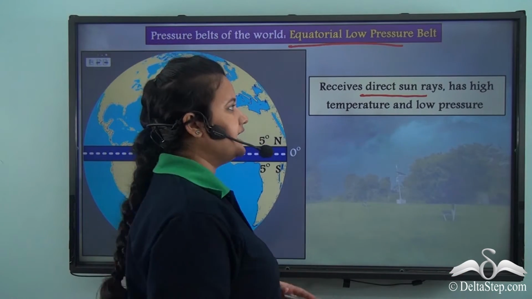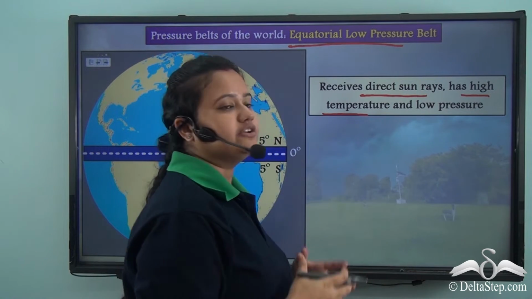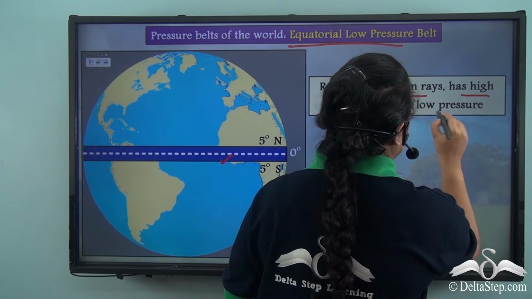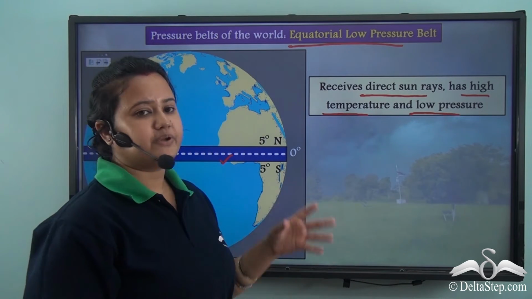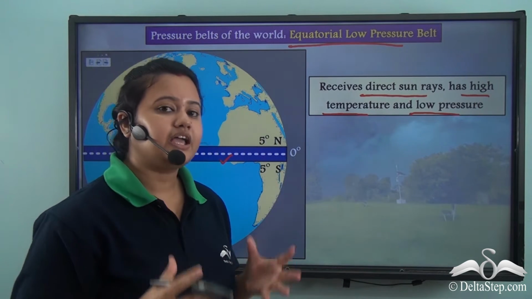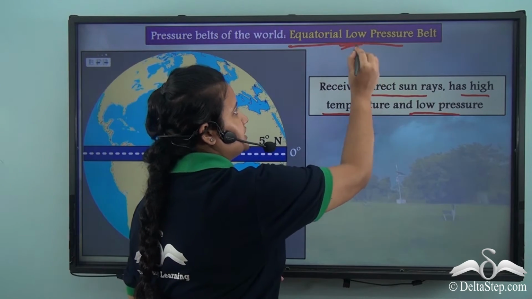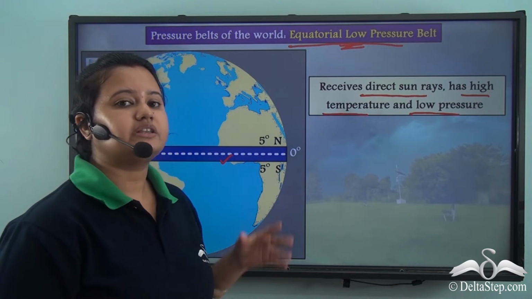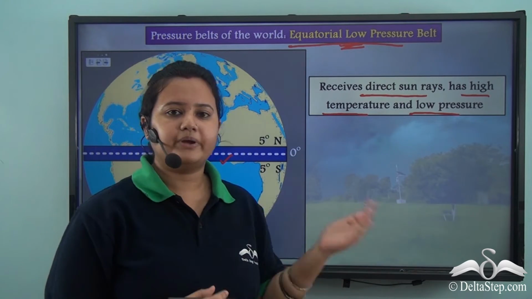As a result, it has high temperature throughout the year, and due to this high temperature, low pressure conditions prevail in this region. So, this pressure belt is named the equatorial low pressure belt because low pressure condition prevails surrounding the equator.